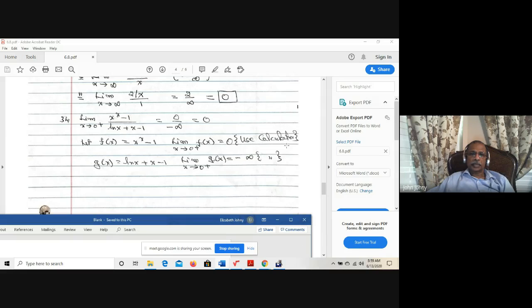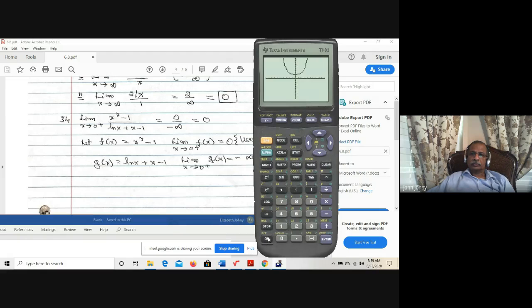I used a calculator to get this number. g(x), that's negative infinity, so I will show you how to use it. y is equal to x to the x minus 1.